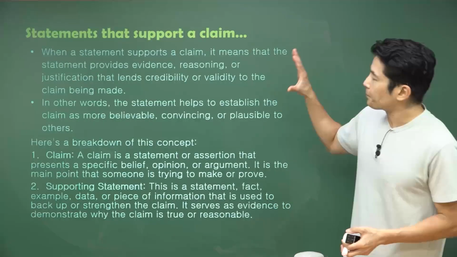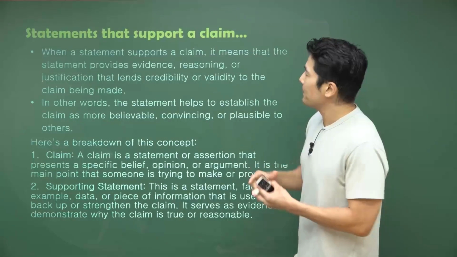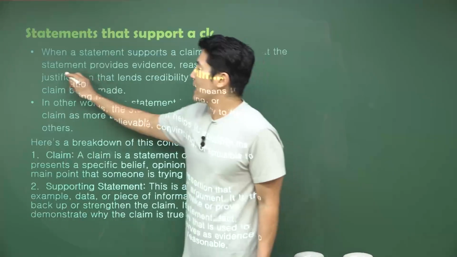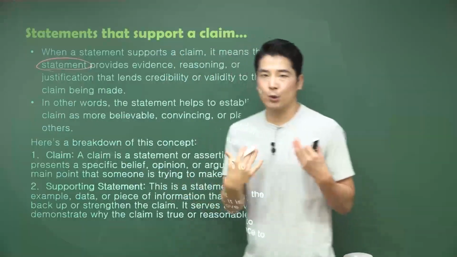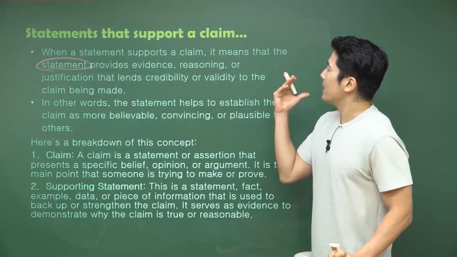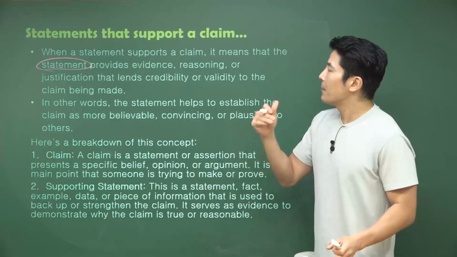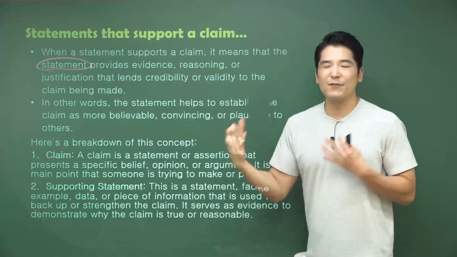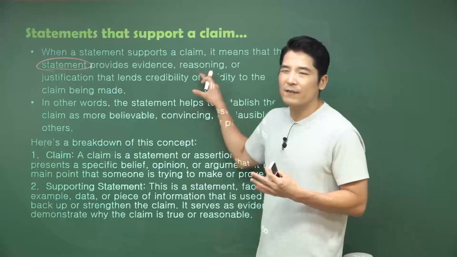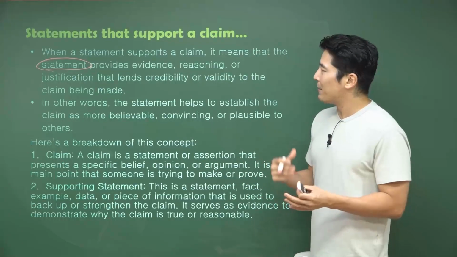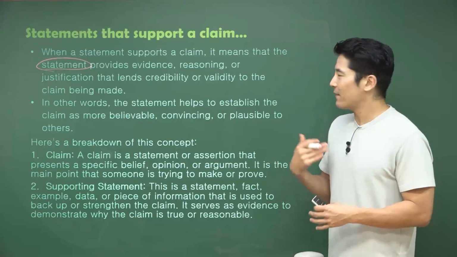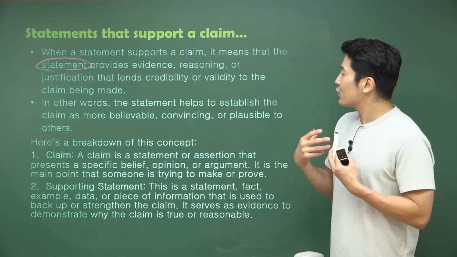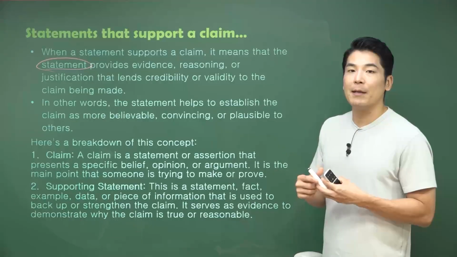When a statement supports a claim, and by statement here, think about the answer choice, it means the answer choice provides some kind of evidence, reasoning, or justification. It doesn't have to do all of it, just one. But it provides something that lends credibility or validity to the claim being made.